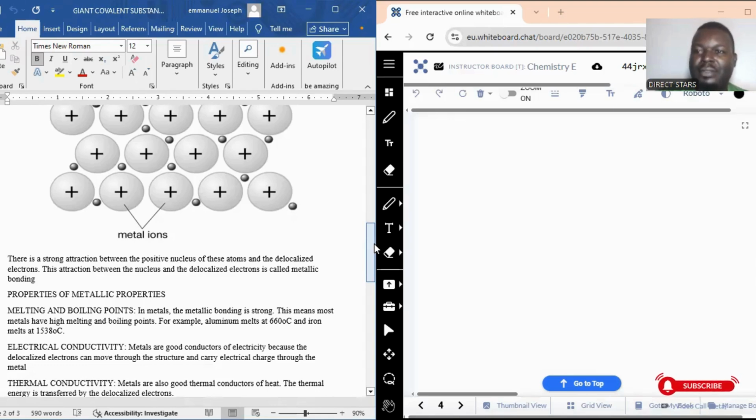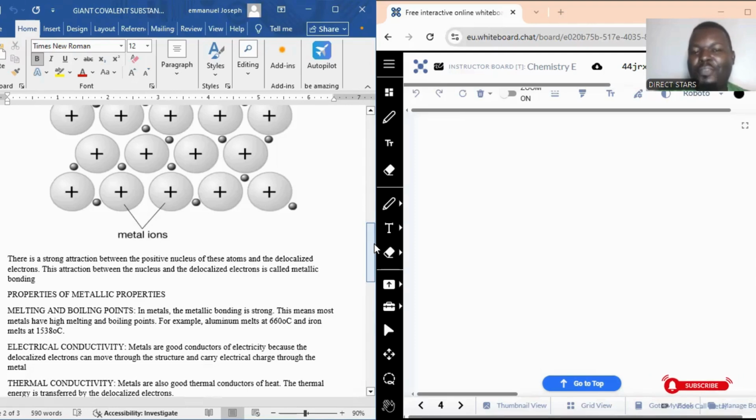bonding. You would recall when we treated atomic structure, we said electrons are negatively charged, and the net charge of your nucleus is positively charged. So there's always this attraction between electrons and the nucleus of an atom.